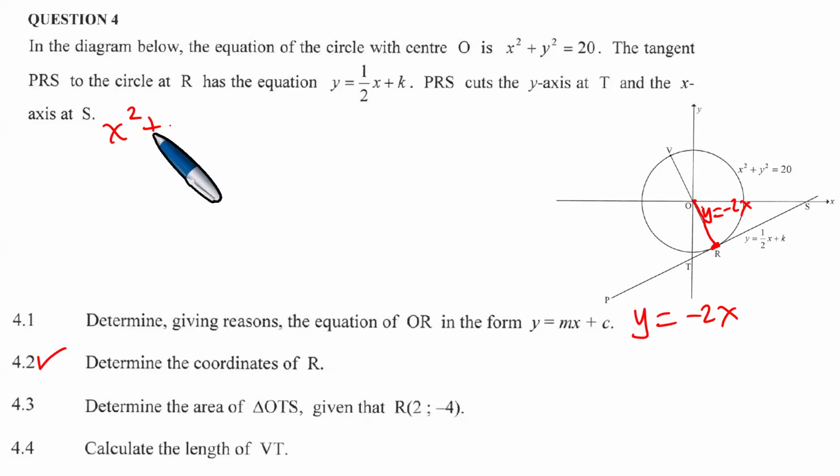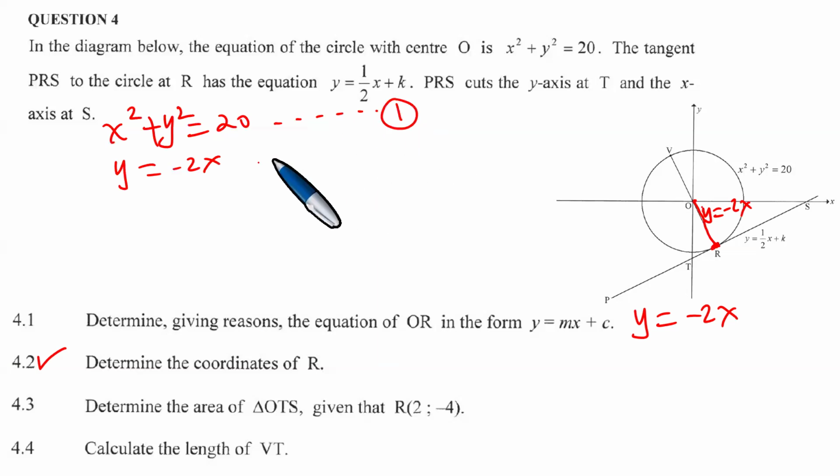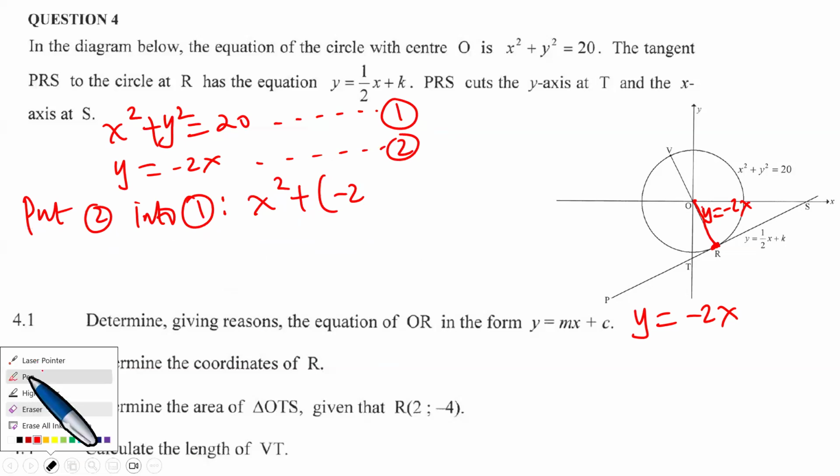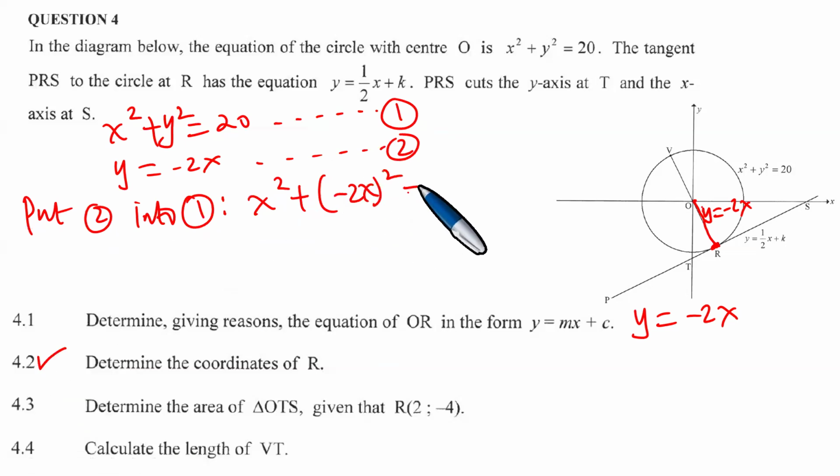You have x squared plus y squared is 20, but you also have y equals minus 2x. Put 2 into 1: wherever there's y, you can put minus 2x. So you have x squared plus the y, which is minus 2x, squared, which equals 20.